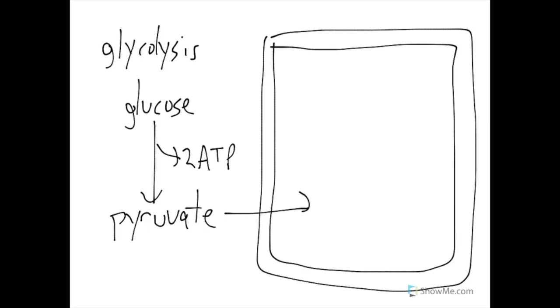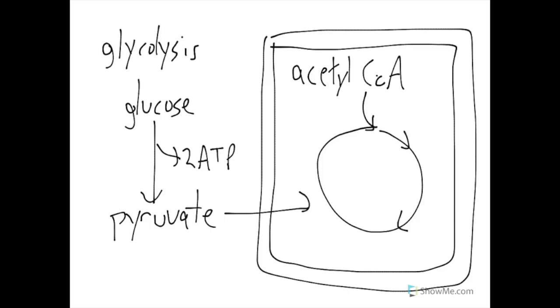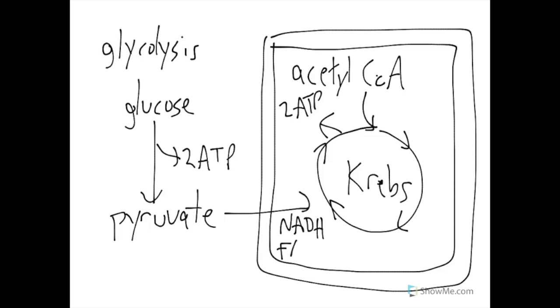Now that pyruvate then gets converted into what's called acetyl-CoA, and that can enter the Krebs cycle, or citric acid cycle, where there are successive steps that generate not only further ATP, another 2 direct ATP, but a whole bunch of NADH and FADH2. Those enter the electron transport chain within the mitochondria membrane, and that generates another 34 ATP.